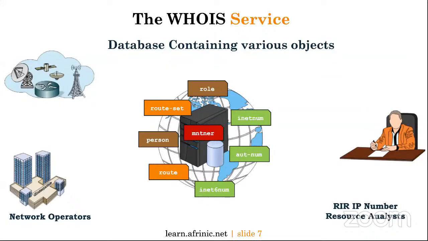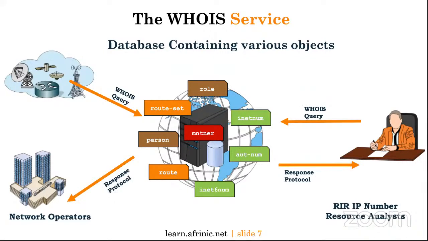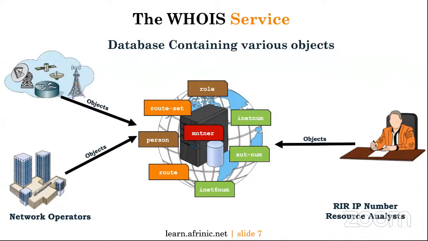So network operators, whether enterprise or ISPs, interact with the Whois. We also at Afrinic do interact with it. It's a query and response protocol, basically. And it's a database where we query to get certain information about your allocation or your routing information. And with this protocol, we can also insert objects into the Whois database.